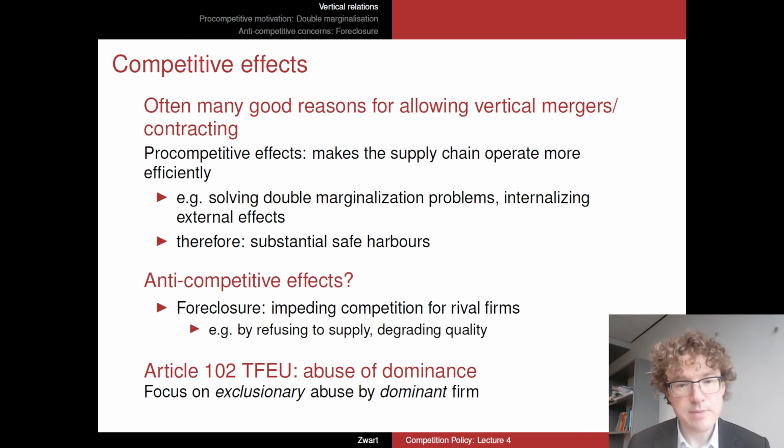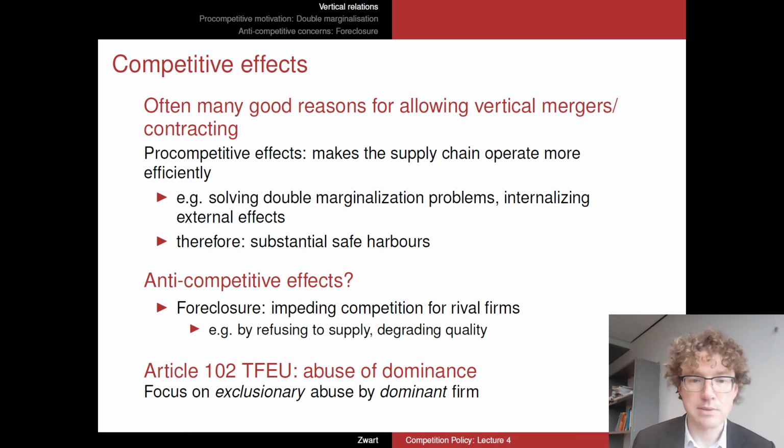And foreclosure might be forbidden by competition law, particularly if it's practiced by some dominant firm. Because then we might be in the realm of Article 102 of the Treaty on the Functioning of the European Union, TFEU, and we might actually have a case of abuse of dominance.